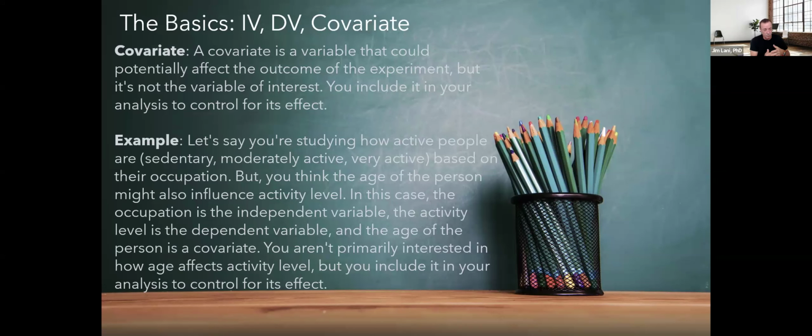So a researcher may say, I want to control for the age variable, that is, neutralize the effect of that, and then see, are there differences in run times by gender, controlling for the covariate of age. All right.